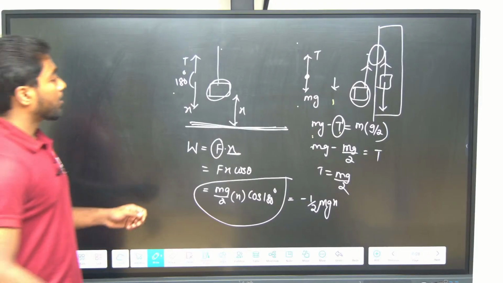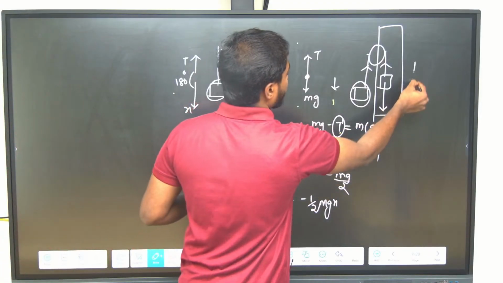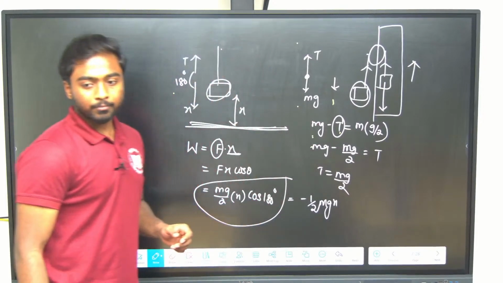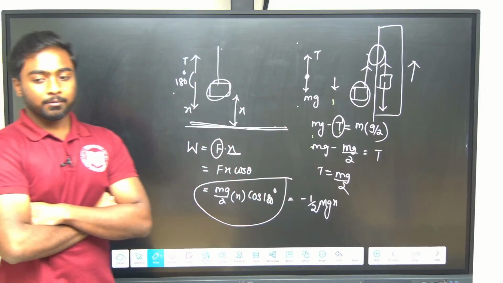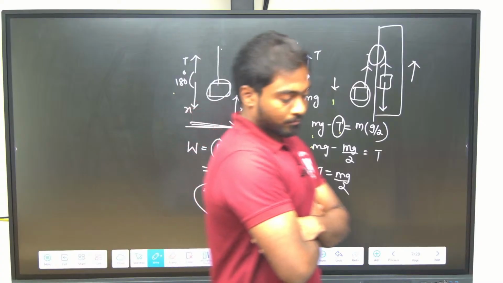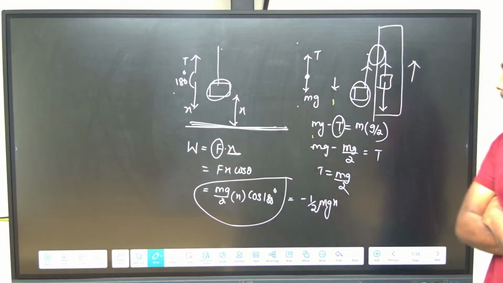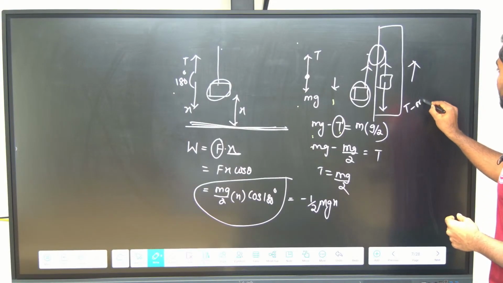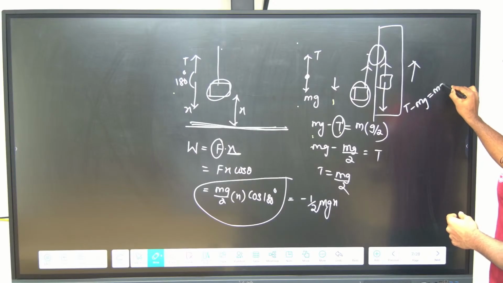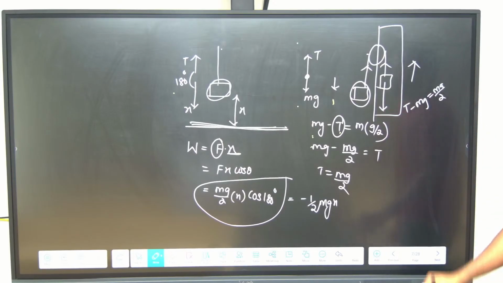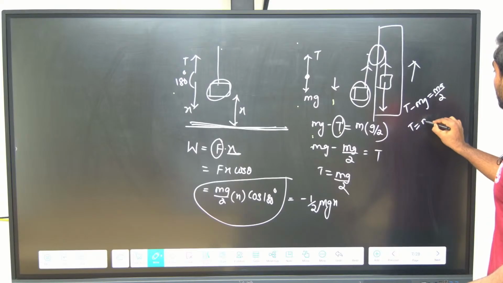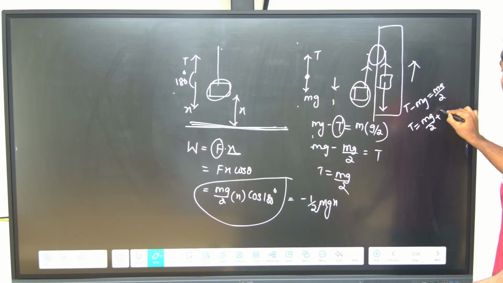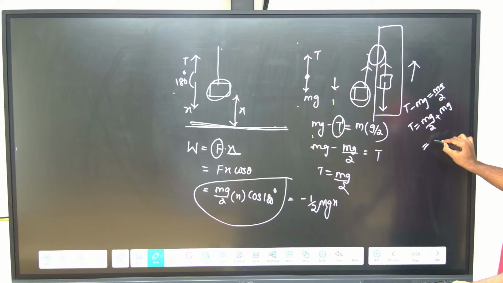Suppose the question is given so that the rope is going upward. So what will be the answer? The displacement that happens is the same, x only. If I take T minus mg equal to mg by 2, then T will be equal to mg by 2 plus mg, which is 3 mg by 2.